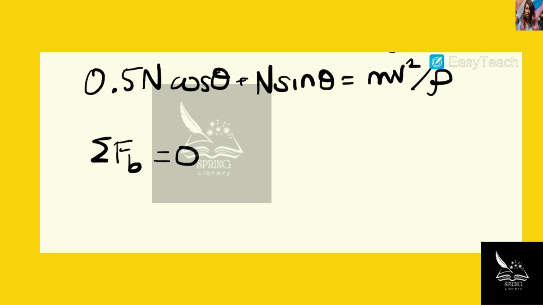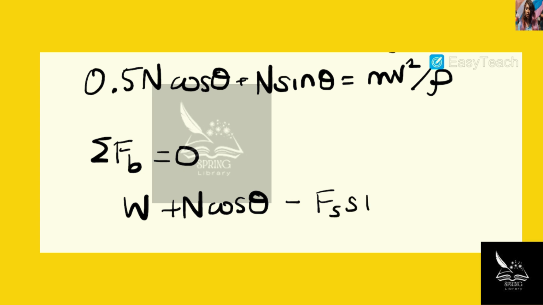We have three forces acting in the z direction, and that's the weight force acting in the negative z, so that's going to be negative w, or not negative w, just w, plus n cos theta minus the static friction force sine theta, and that's equal to 0.